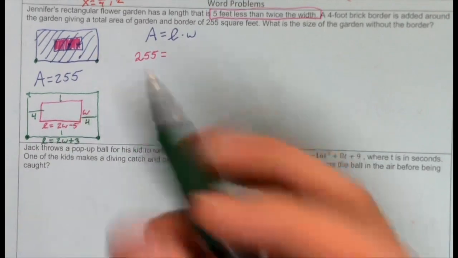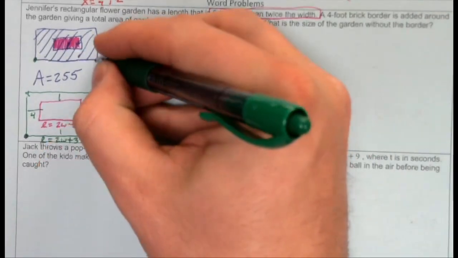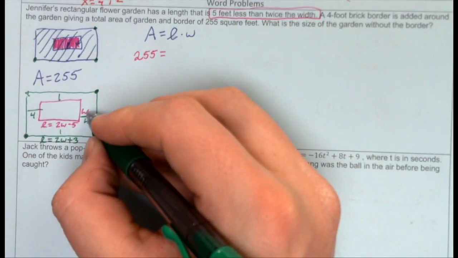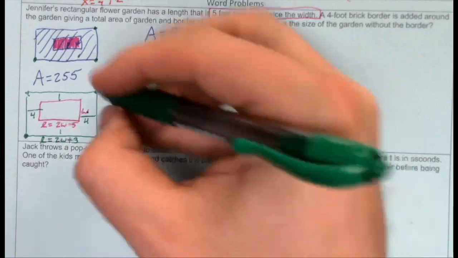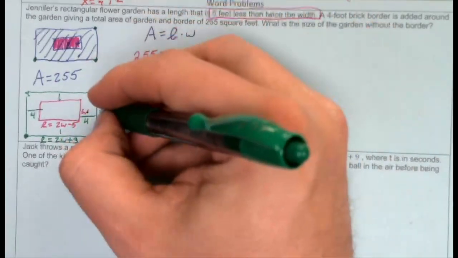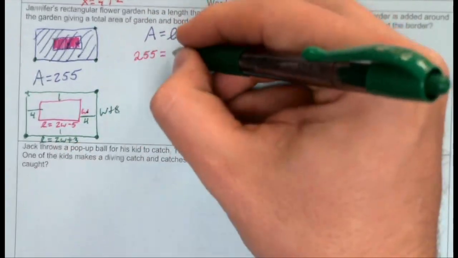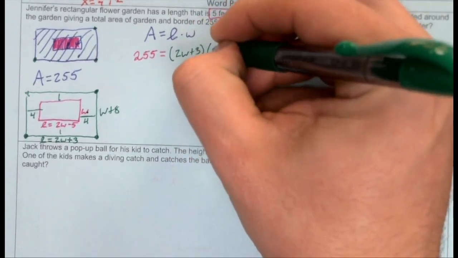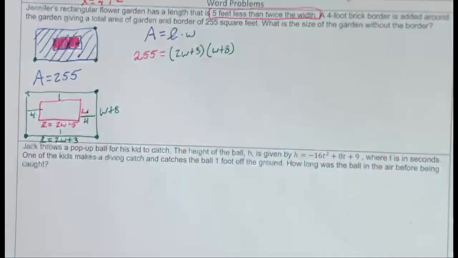The width we need from here to here is the W, the original, plus the 8 feet in border. So we end up with 2W plus 3 and W plus 8.